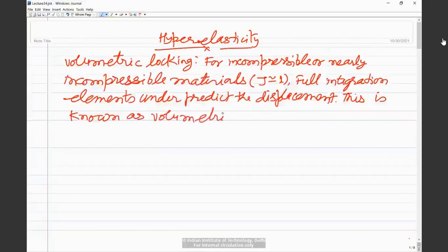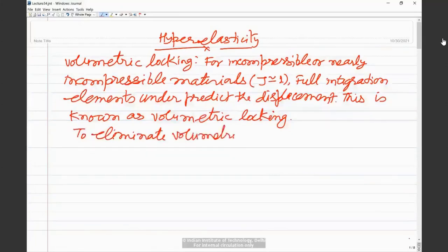Now how do we eliminate this? For that there are a couple of methods. I am only going to mention them briefly, not going into details. To eliminate volumetric locking, we can do a couple of things.